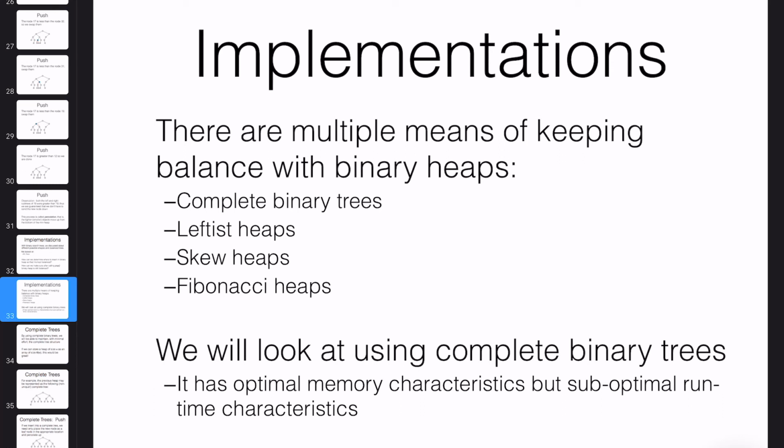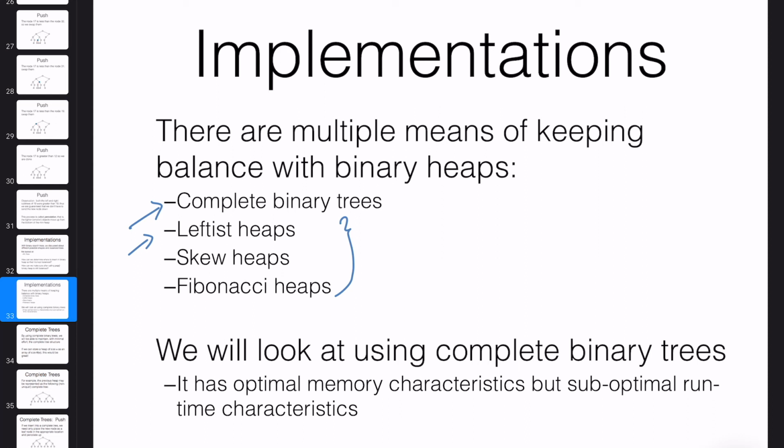I'm going to show you that, in fact, it is possible to implement binary heap using different types of data structure. You can implement it to always make sure this is a complete binary tree, or implement it to work like a leftist heap, a skew heap, and a Fibonacci heap. These three are more complicated data structures.